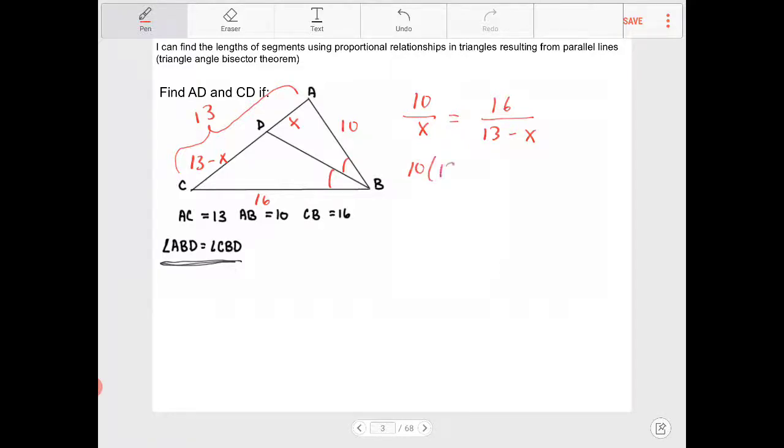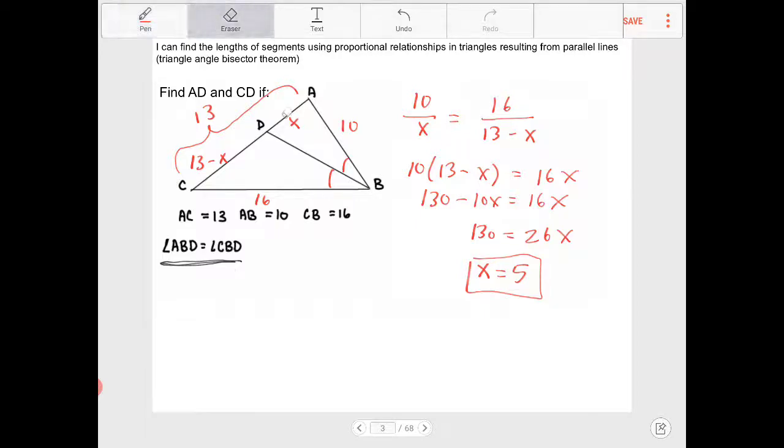So I do 10 times 13 minus x is equal to 16x. Multiply the 10, I get 130 minus 10x is equal to 16x. Add 10x to both sides, I get 130 is equal to 26x. Divide both sides by 26, x will end up equaling 5. If x is equal to 5, I can then figure out the side lengths of AD and CD. So AD is going to be 5, and CD is going to be 8.